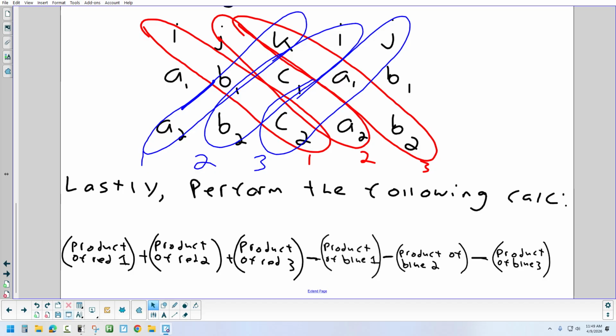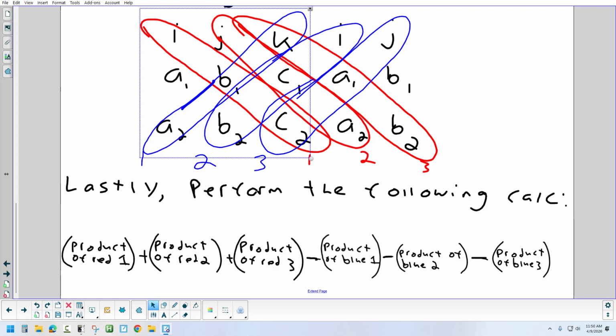And then you're going to subtract the product of J, A1, and C2. Okay, that's how you find the cross product. And again, we don't have to really know why. Why do you multiply A2 times B1? That's not for us to really understand right now. Just that's the pattern you follow when you do a cross product.